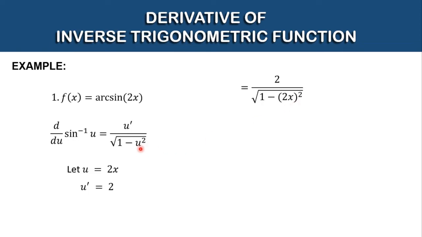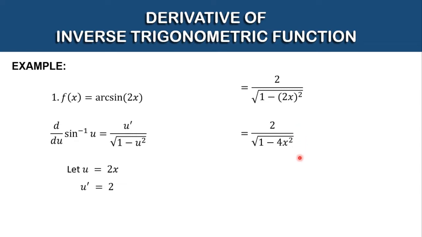Yun yung u squared natin. Ang u natin ay 2x. Then, simplify lang natin ito. Ang masisimplify lang natin is itong 2x squared. So, we have 2 over square root of 1 minus 4x squared. So, dito we can have this as our final answer.